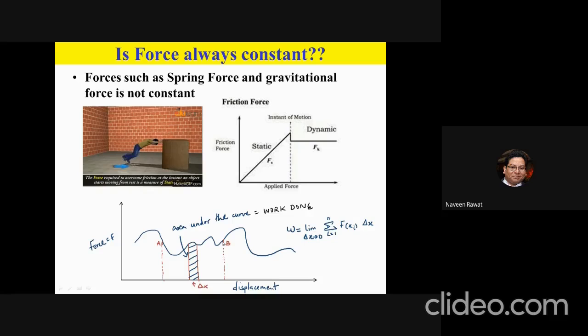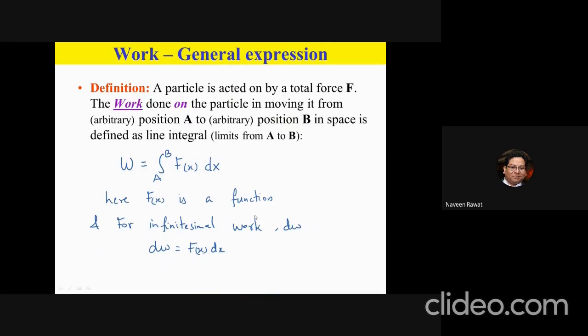To compute the entire area under the curve, you will need to use the integral function, and so the definition changes a little bit. In a general way, we can say that the work done on a particle in moving it from some position A to position B will be this line integral from A to B of force times dx.